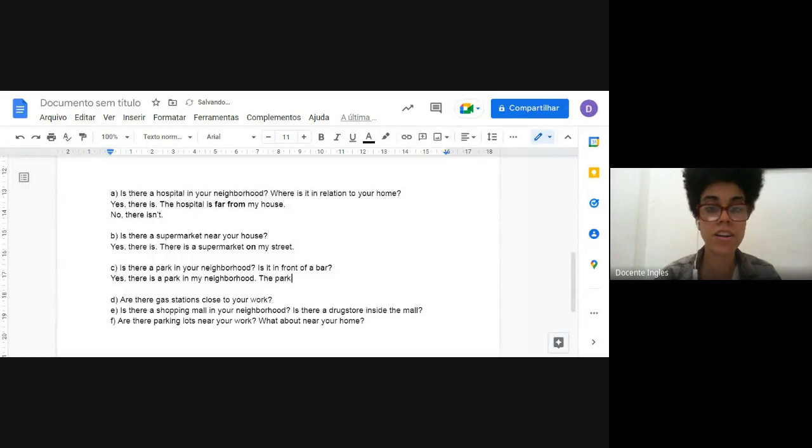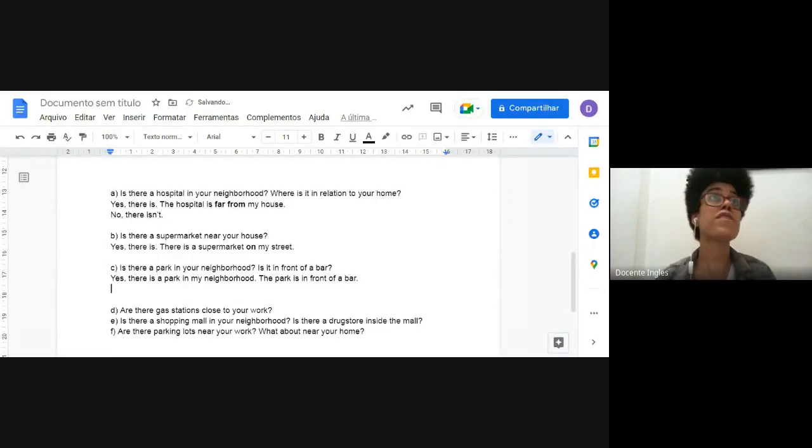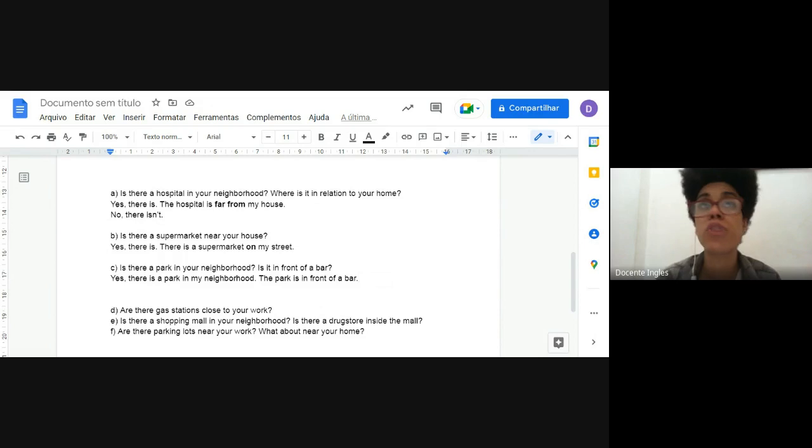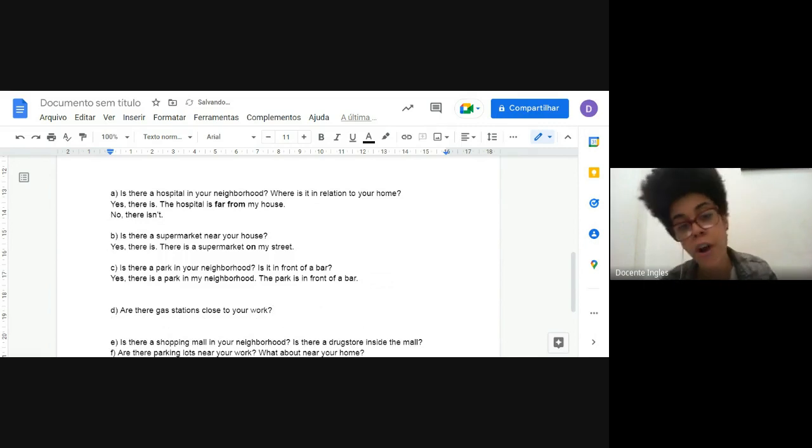The park is in front of a bar. But if it's not in front of a bar, you can say it is in front of, I don't know, a school. It is close to a shop. It is near the supermarket. It is behind the church. I don't know. You have many possibilities. Depends on the relation with your home.